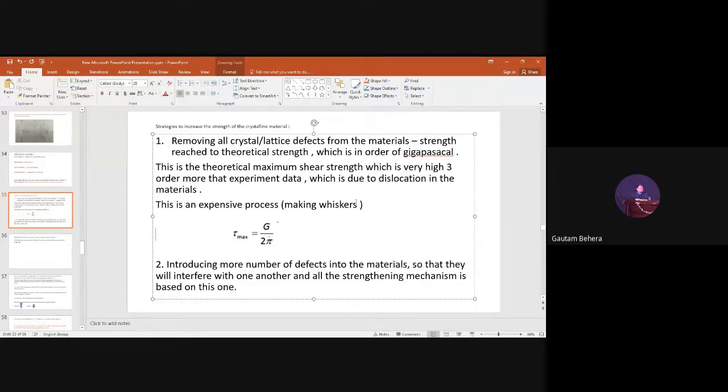If you do not have any defect, the strength of a single crystal is called, whisker strength, or theoretical cohesive strength. You have to remember that, right? So theoretical cohesive strength, which is very high, you can see the value G by 2 pi.